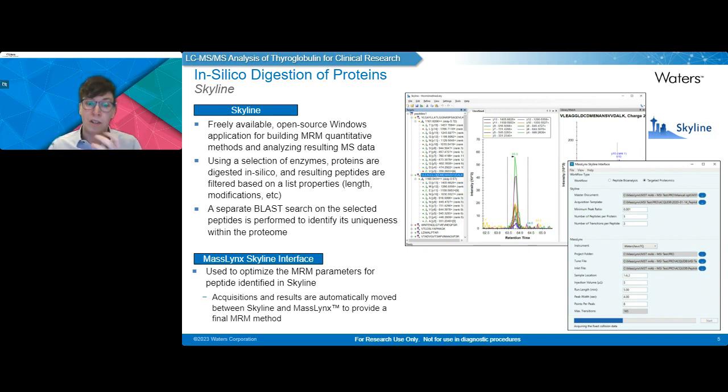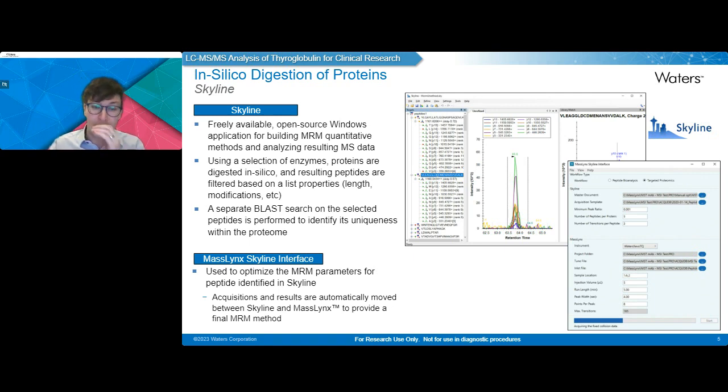You can use a selection of enzymes, including trypsin, to perform in silico digestions within the software. The resulting peptides can be filtered based on some of those criteria that I previously described. And a BLAST search can be performed on those peptides to identify their uniqueness within the matrix of interest.